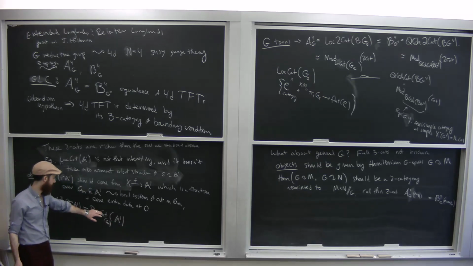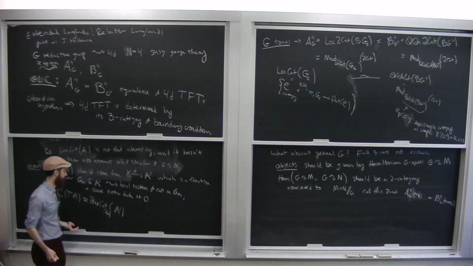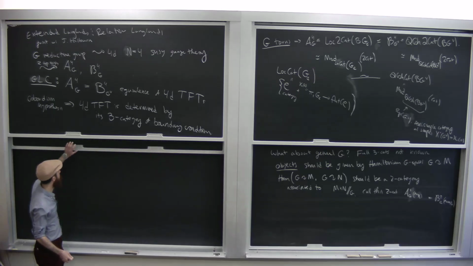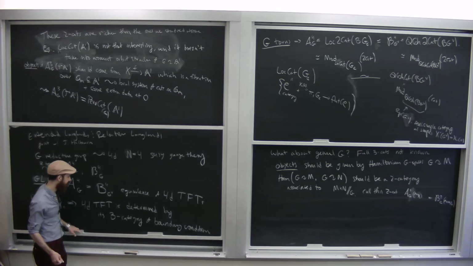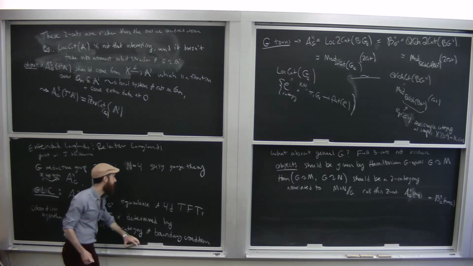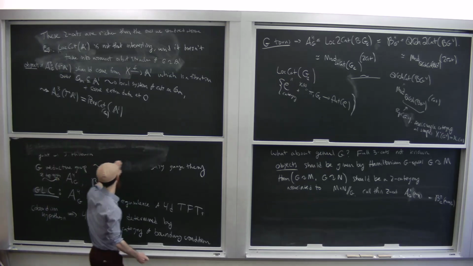So I have not at all defined this two category for you, but I've told you that there ought to be some kind of two category whose objects are things one category level up, but they mimic what happens when you study perverse sheaves on a space.